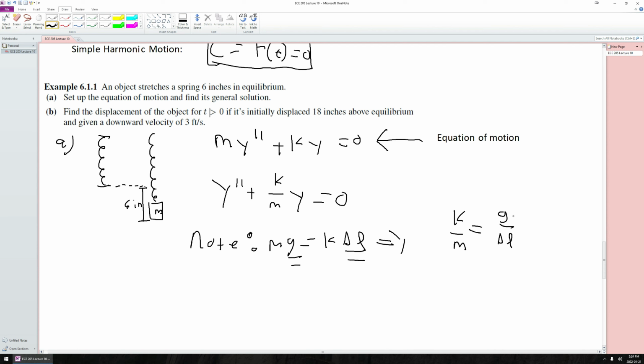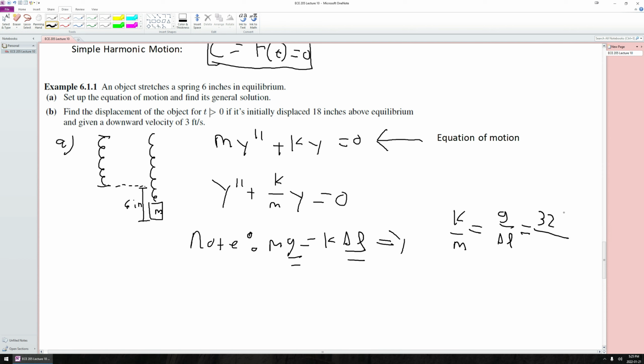From here, I need to plug in values. Well, I know what gravity is, both in meters per second squared and feet per second squared, but L was given to me in inches. So I have to convert things to be in the same units. Be very cautious of doing that for these type of questions. If you don't convert to the right units, you will get the wrong answer.